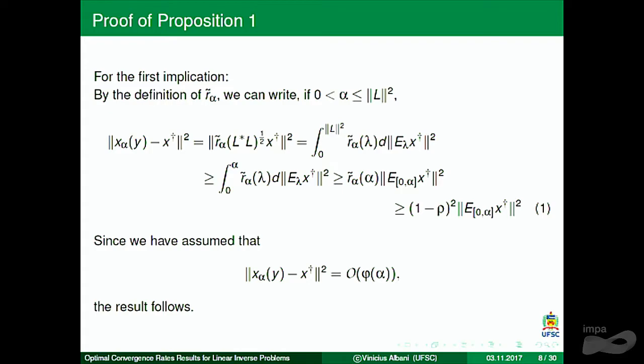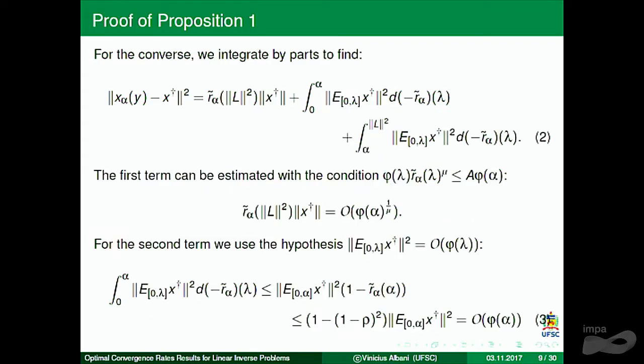Now, since this is a decreasing function, we just replace lambda by alpha and take this out of the integral, and we have this estimate. It's this lower estimate on this quantity here. So this hypothesis implies that this tail function has this decay.